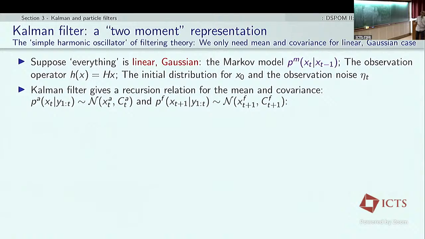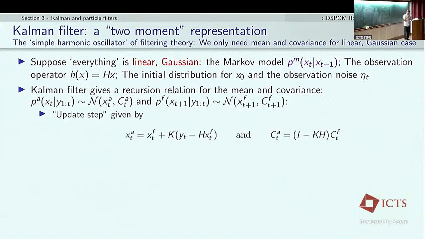That's the standard notation used in the rest of the slides: the analysis mean and covariance have a superscript A, the forecast a superscript F, and the subscript is for time. A plethora of superscripts and subscripts, but unavoidable.